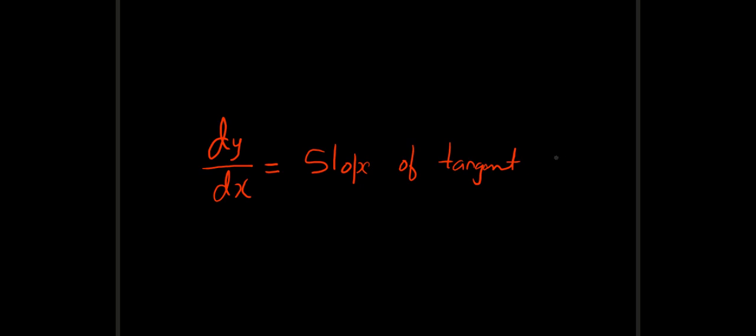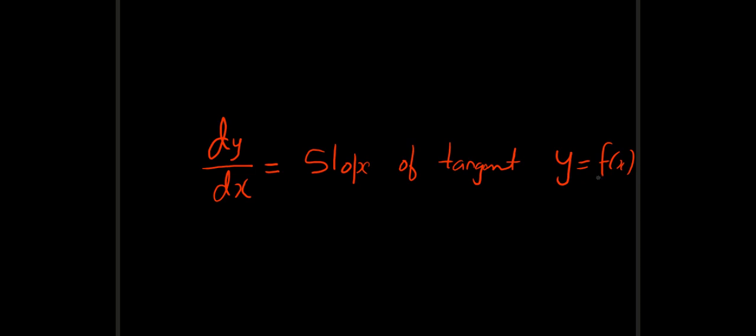You might be wondering why I'm talking about tangents. Okay, my friends, that is exactly what derivative means. So remember, derivative or dy by dx which you find is nothing but slope of tangent to the function y equal to f of x at any desired point.